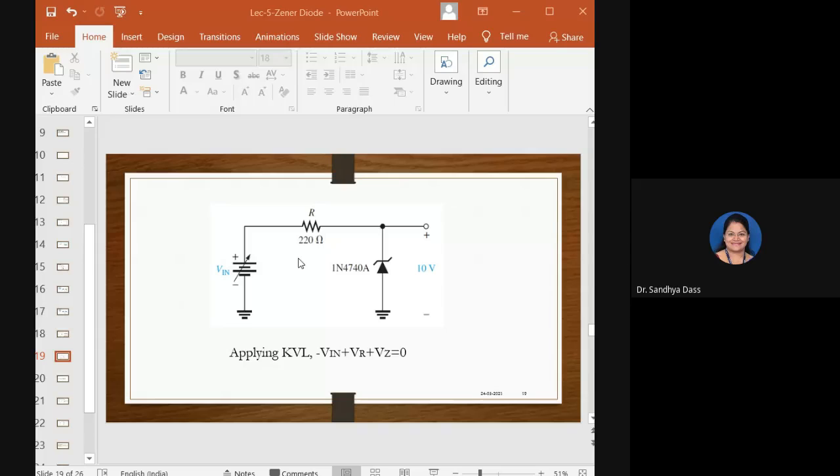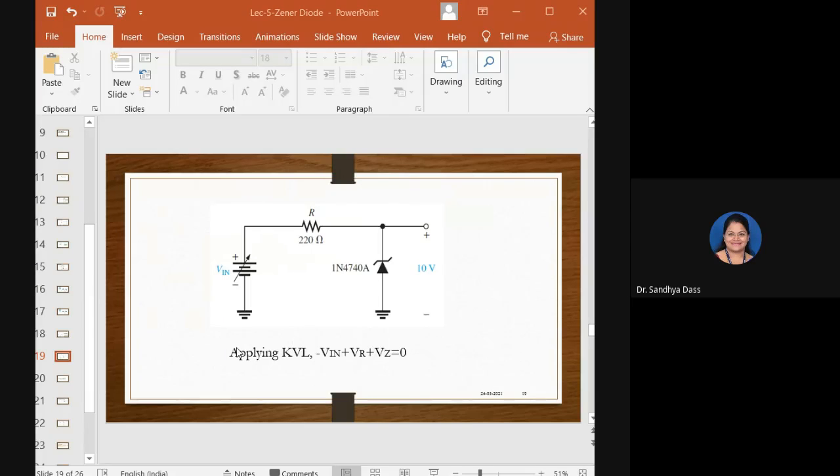Okay. So from that, we can calculate what is the minimum voltage that can be applied and what is the maximum voltage that can be applied to the circuit, so that the Zener diode will maintain constant output voltage. Okay. So that is what we are trying to understand there, voltage regulation part. All right.